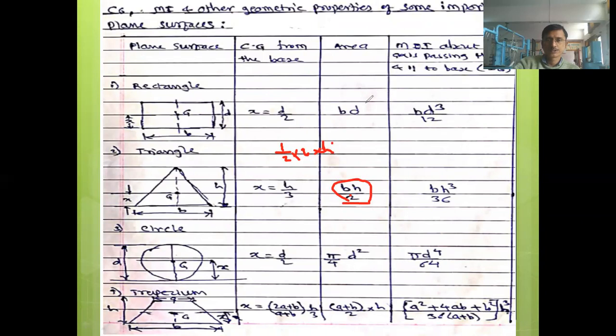Then the moment of inertia about the centroidal axis is bh cube by 36. B is the side parallel to this axis, and h is the height.